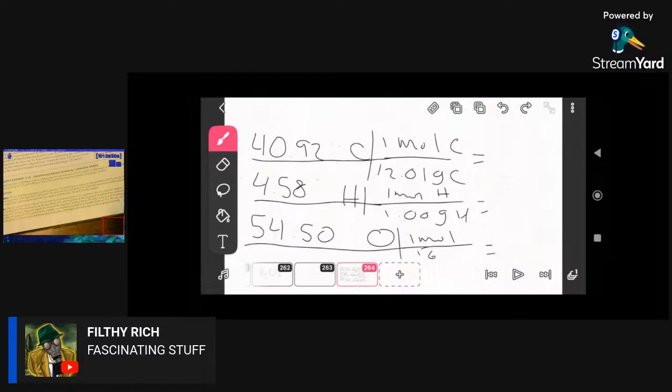All right, so for the carbon, it's gonna equal 3.4. For the hydrogen, it's equal to 4.54. And this one's gonna equal 3.406. You see that?